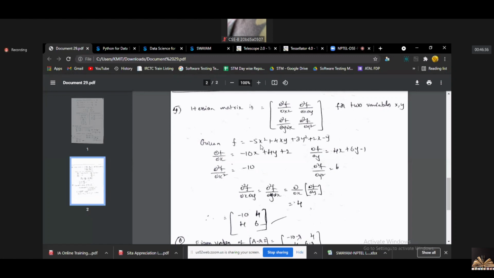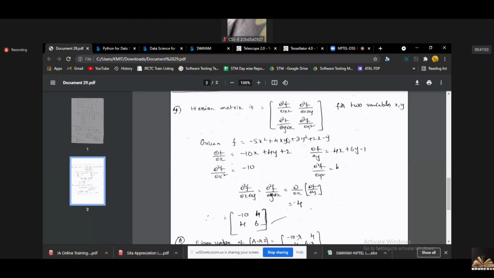So what is the equation given here? Minus 5x square plus 4xy plus 3y square plus 2x minus y. From this equation, find the first derivative with respect to x. From minus 5x square, this becomes minus 5 into 2 into x, so minus 10x.